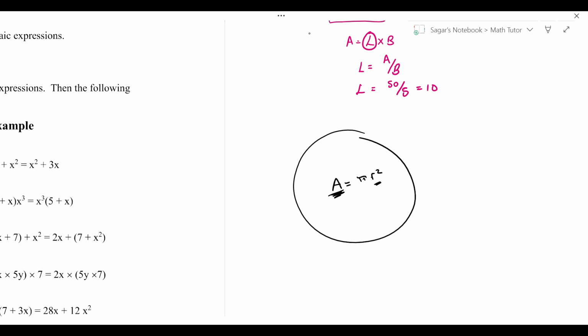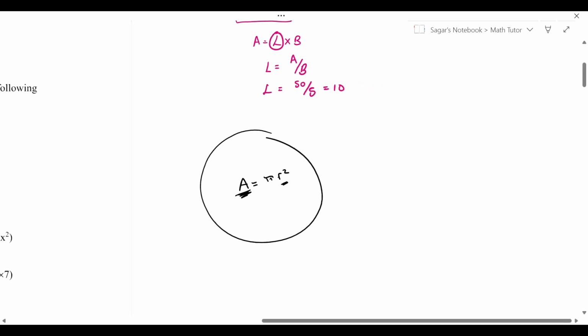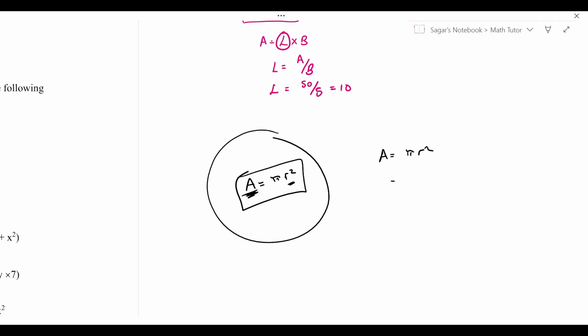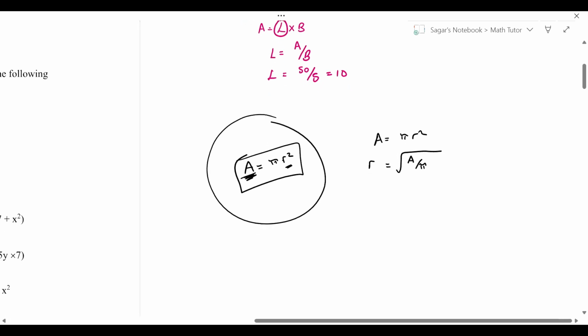The builder will not remember the formula for the radius, right? He will remember the formula of the area, which is pi r squared. So the builder will divide both sides by pi and take the square root, and we end up with the square root of A all over pi. So now the builder knows the radius.